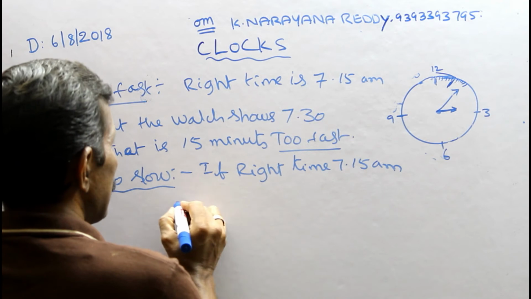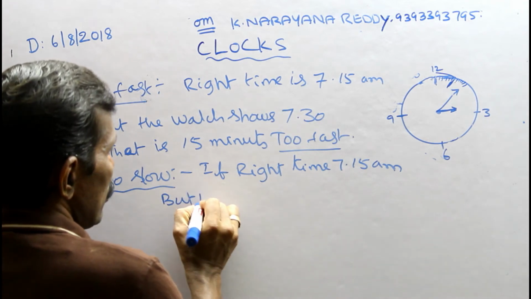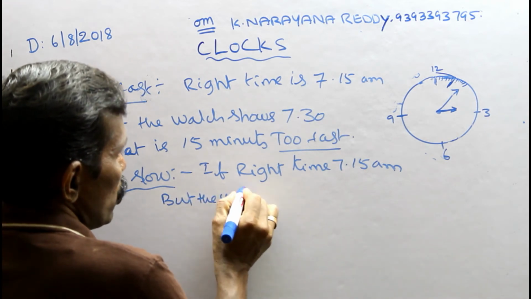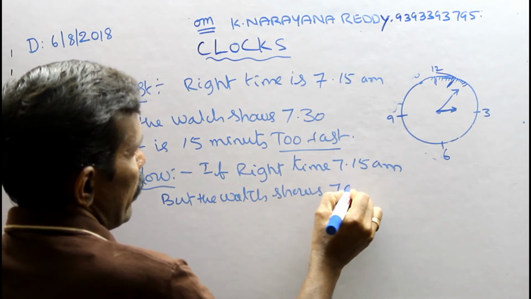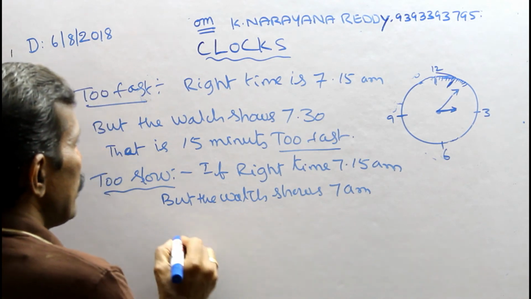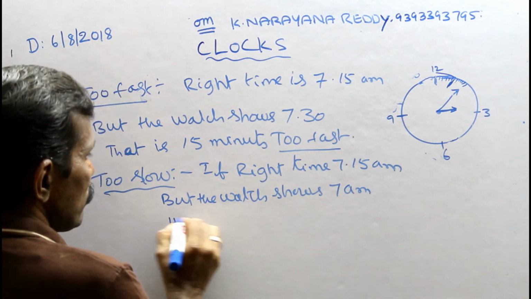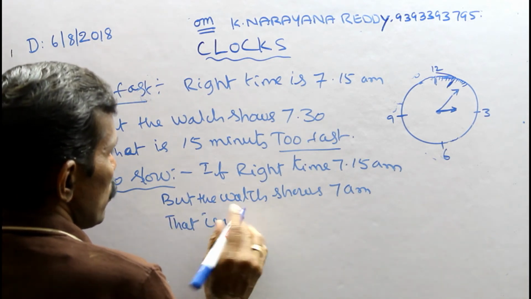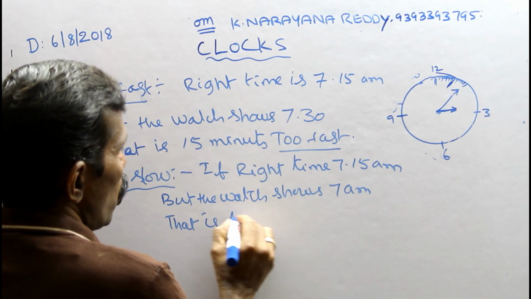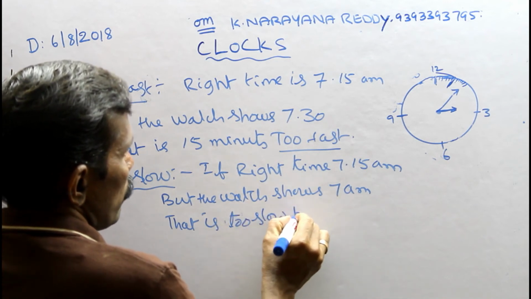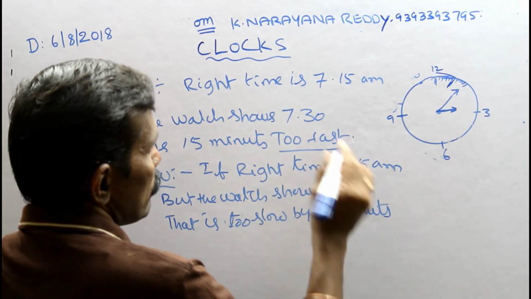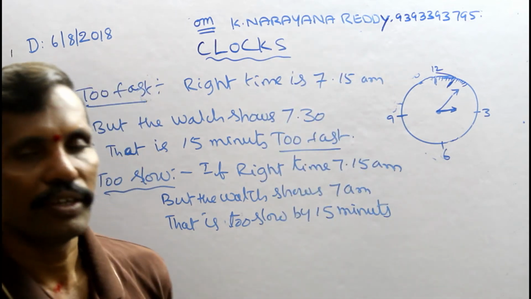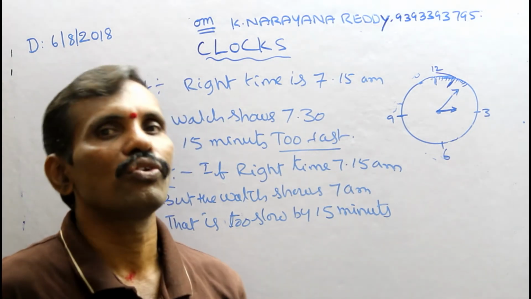But the watch shows 7 AM. That is too slow by 15 minutes. That is the difference between too slow and too fast.